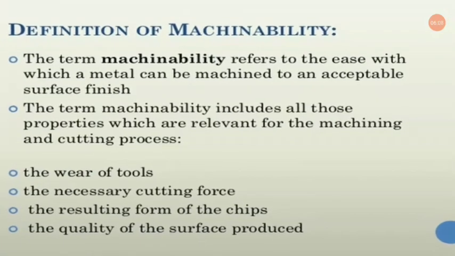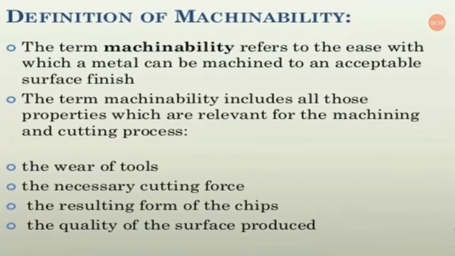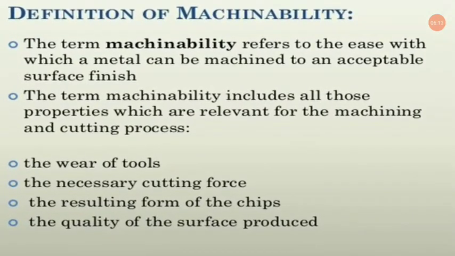So, coming to the definition of machinability, the term machinability refers to the ease with which a metal can be machined to an acceptable surface finish. That is the definition of machinability. How easily you can machine a metal, basically.